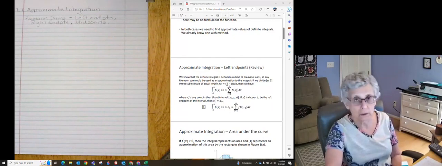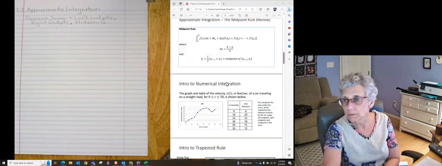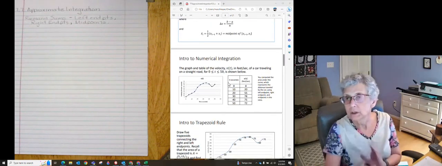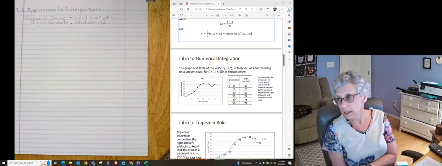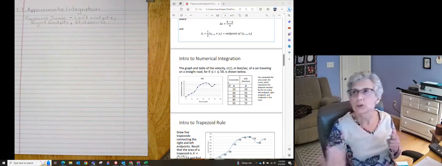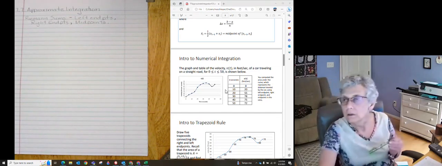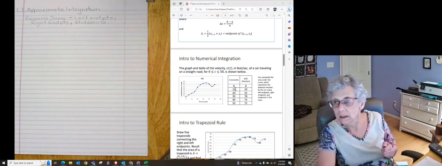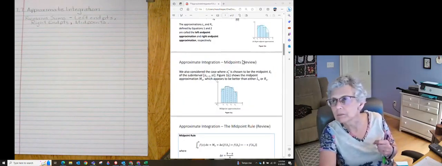Hopefully you went through and did your intro sheet with the graph with the velocities of a car traveling on a straight road for 50 seconds. You computed the right and left and midpoint Riemann sums for these first 50 seconds using delta x equals 10, hopefully.